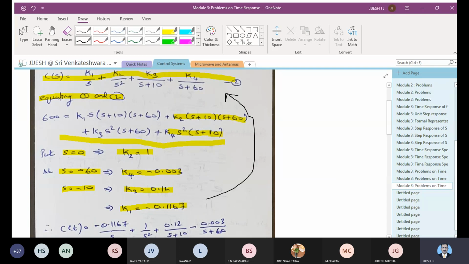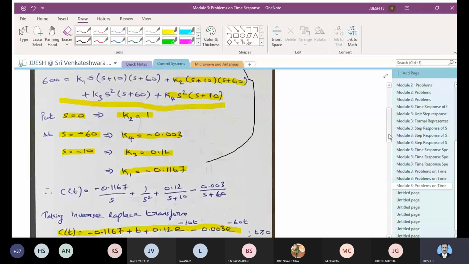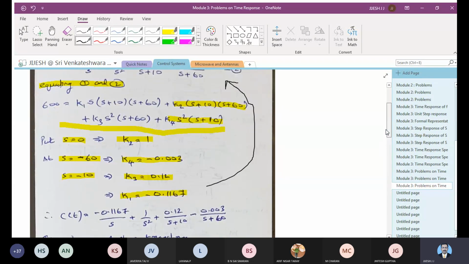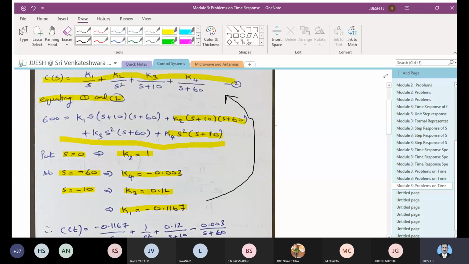Actually, this is C of s. So by taking the inverse Laplace transform, you will get it as C of t.